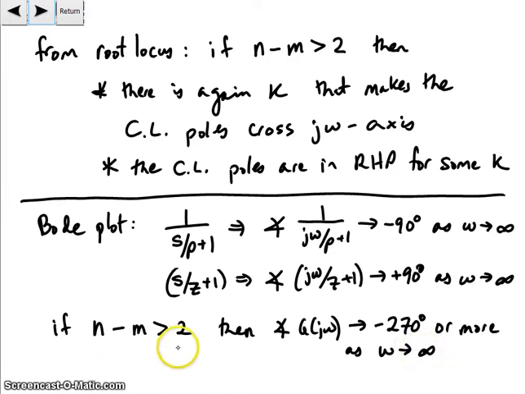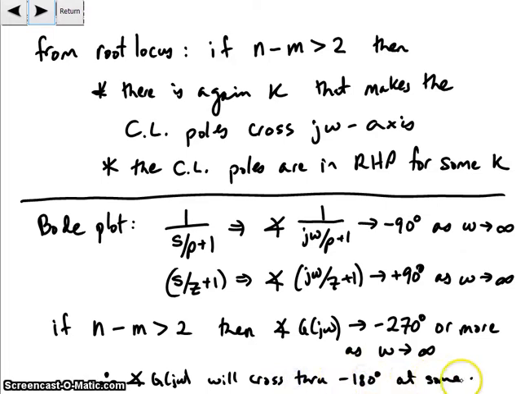So if we had 3 excess poles, then we have 3 times minus 90, which is minus 270 degrees. If we had 4 excess poles, then we have 4 times minus 90, which is minus 360 degrees. And so the way that we can interpret this in terms of stability, there's always a point where g of j omega will cross through minus 180 degrees at some frequency. Okay? So let's look at a couple of examples and we'll see how this works.